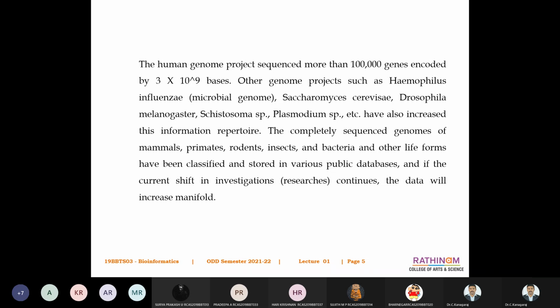So nowadays the people have completed a number of genes and sequences from plants, animals, bacteria, insects, rodents. எல்லாத்துக்குமே full genome the people have completed.